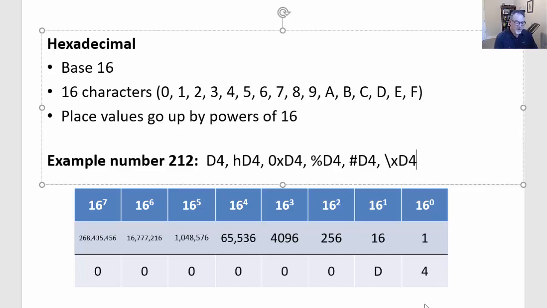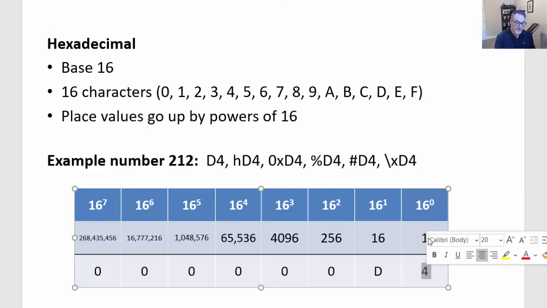So first of all, D4, what does this mean? It means that I've got 4 ones. And it also means that I've got D number of 16s. Well, D is 13. So this really means that I've got 13 16s. Why? Because D is 10, 11, 12, 13.